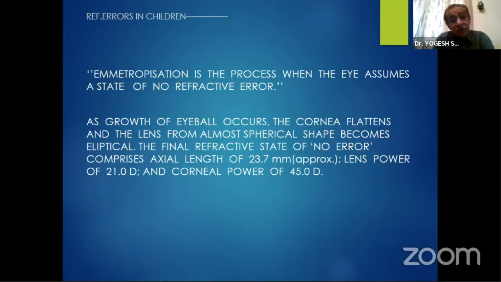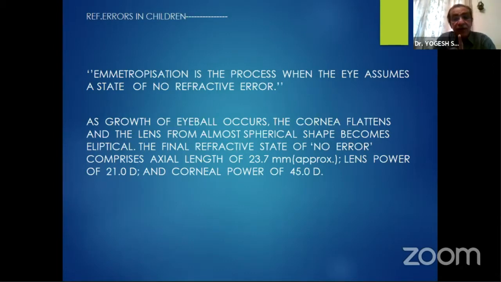Now, emmetropization is the process when the eye assumes a state of no refractive error. As growth of the eyeball occurs from 17 millimeters at birth to around 24 by 8 years of age, the cornea flattens and the lens from almost a spherical shape becomes elliptical.